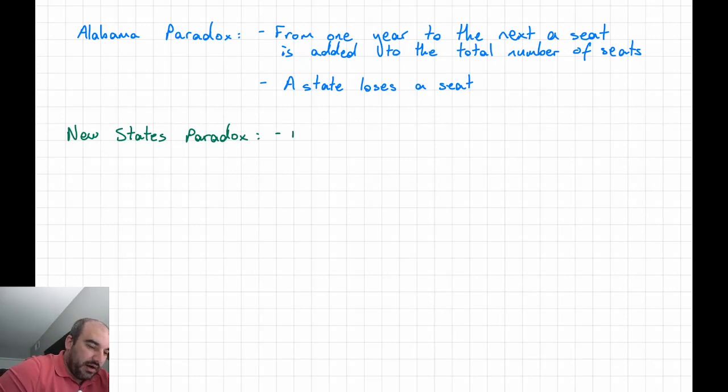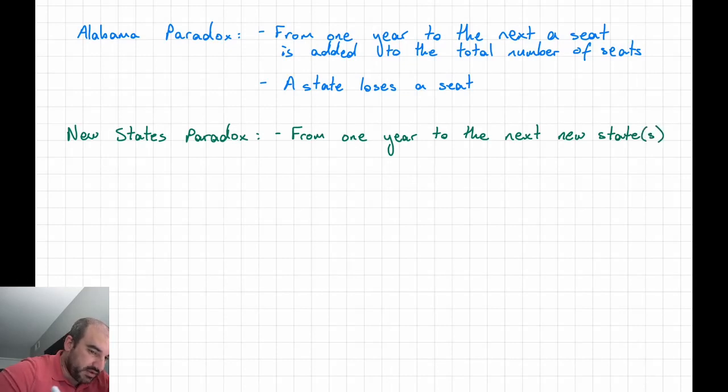So from one year to the next, a new state or states, we could just put that S in parentheses, new states and new seats are added.